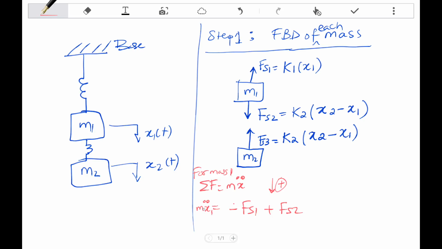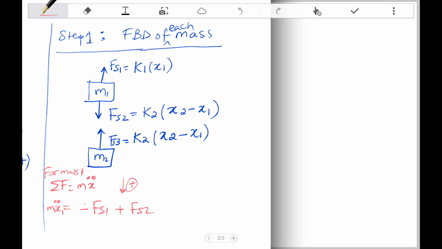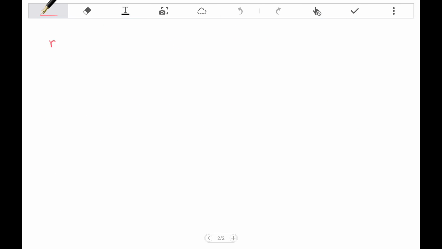Let's go to the next page and elaborate more. So m1 x double dot 1 equals negative k1 x1, plus k2 times (x2 minus x1).